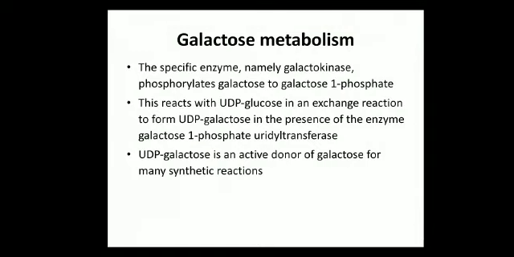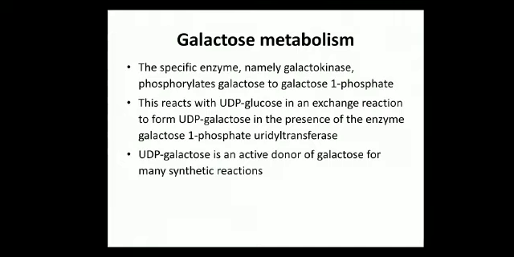Next, we will see galactose metabolism. There is an enzyme called galactokinase which phosphorylates galactose to galactose 1 phosphate. This reacts with UDP glucose in an exchange reaction to form UDP galactose, catalyzed by galactose 1 phosphate uridyl transferase.